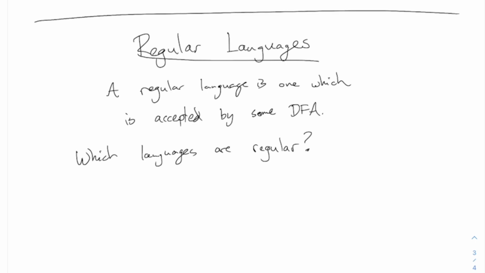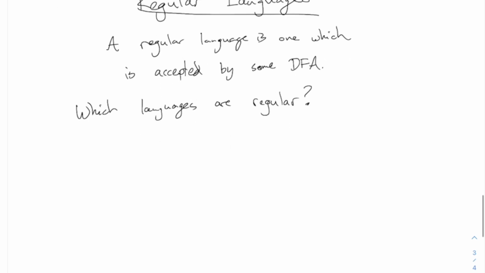All right. So far we have many examples of regular languages. Basically, every answer to a homework problem about telling me what the language of this DFA is, those are all regular languages, because that's what regular language means.